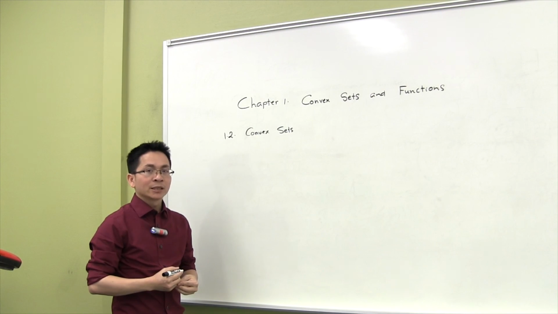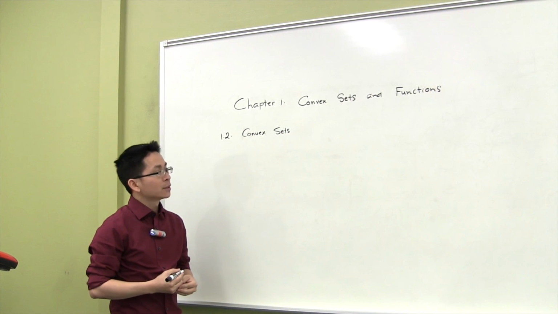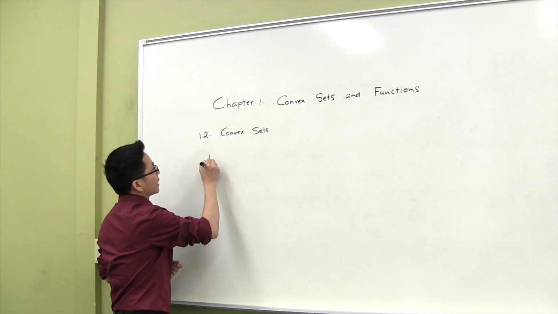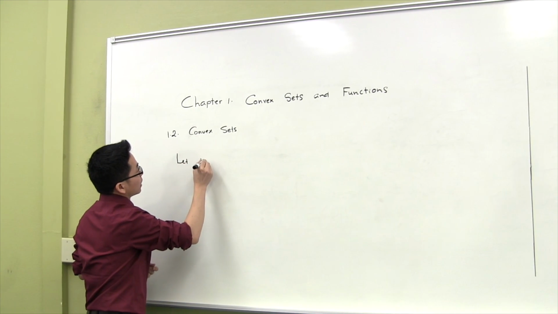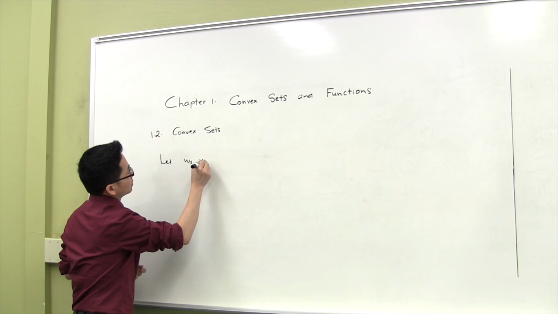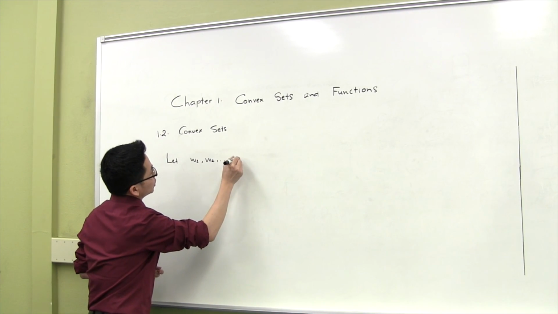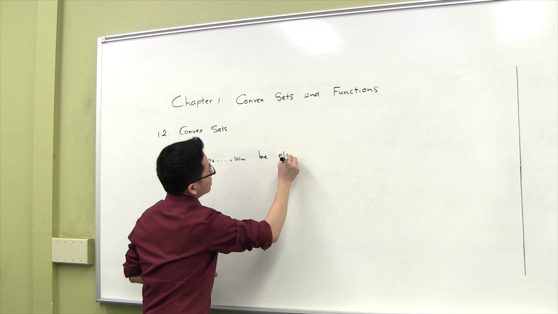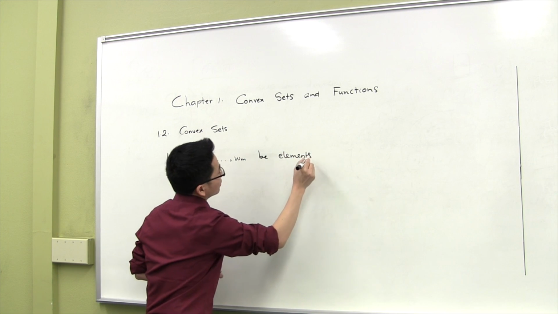Now let me discuss a very important concept for convex analysis. Let W1, W2, ..., Wm be elements of Rn.